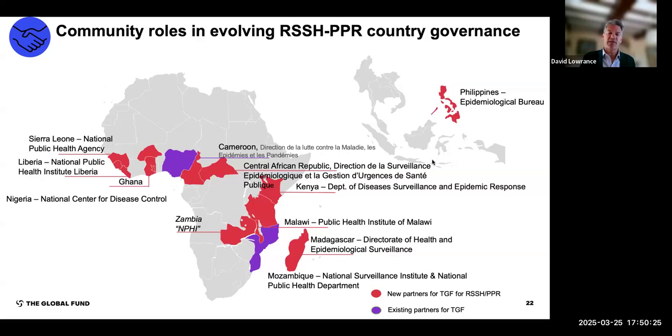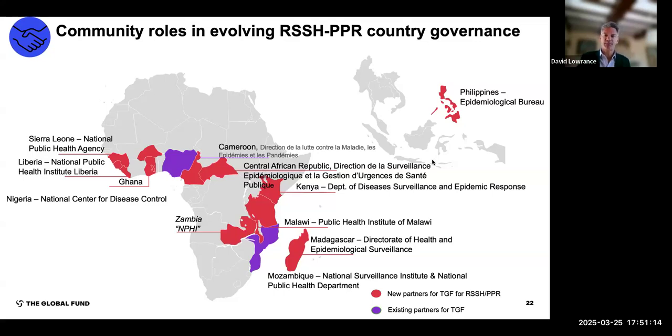So for the Global Fund, one of the things that's been very exciting in the past couple of years is some of the innovations around our implementation arrangements, where for the first time in some countries, where we've had say some limited contacts with some of the directorates for health systems or some of the institutes like National Public Health Institutes that work alongside ministries of health and provide a lot of essential leadership in health systems and PPR, we've engaged them more directly as implementing partners and in some cases subrecipients. And that's been really interesting to see that evolution.